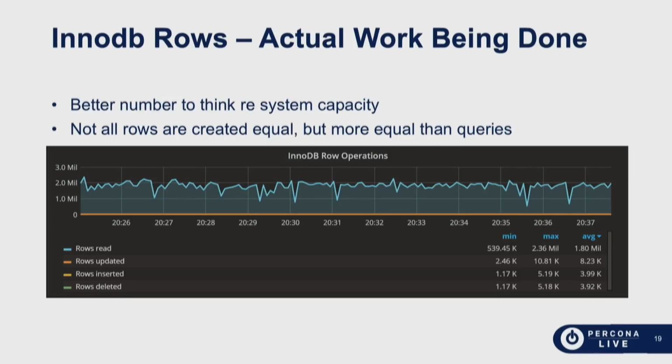Now, of course, not all row reads are created equal. You can have huge blobs which are multiple megabytes, or some tiny rows. But in general, that is a very good indication. And in many cases, when you have something like a bad execution plan or some very complicated queries, you would likely have a spike in work being done.